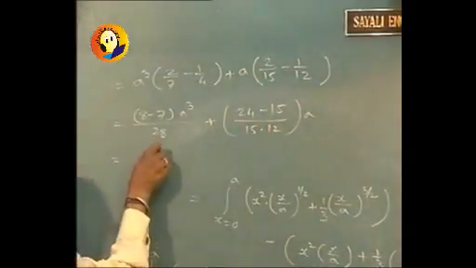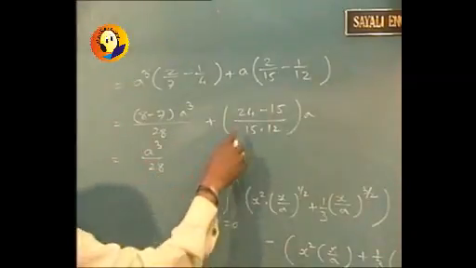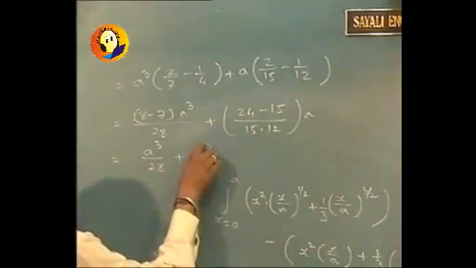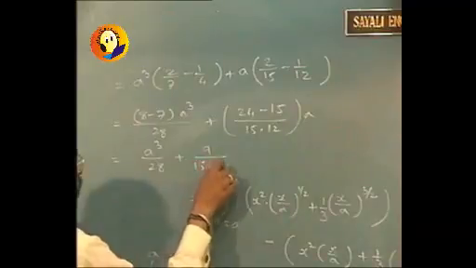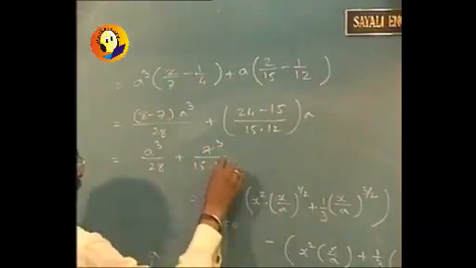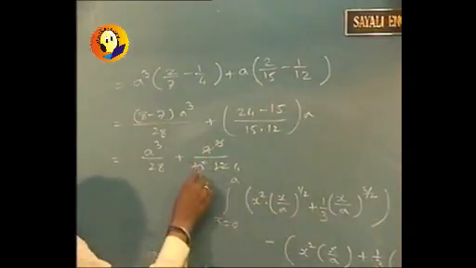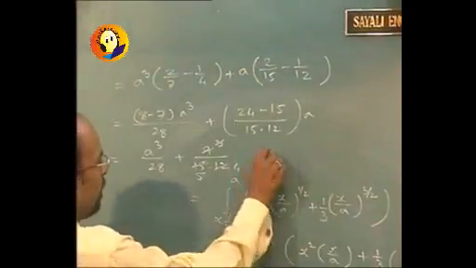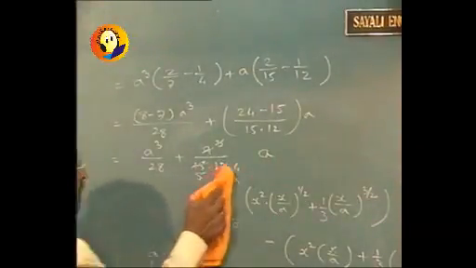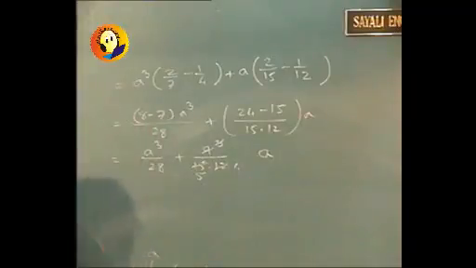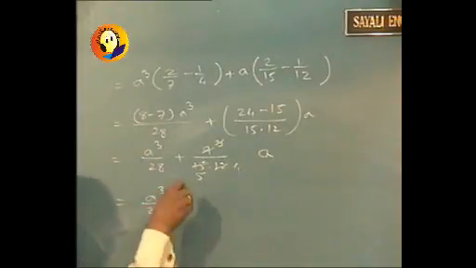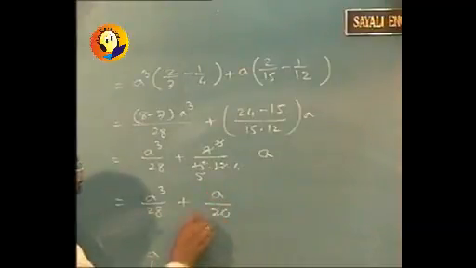So this will be a cube by 28. This will be plus 9 upon 15 into 12. Of course this is 3 4s and 3 5s, 1 by 20, a. Answer can be finally written as a cube by 28 plus a by 20.